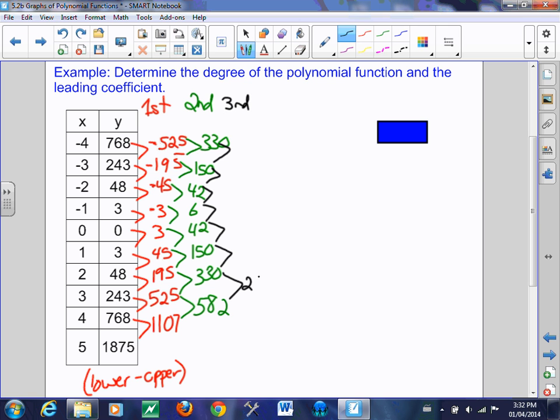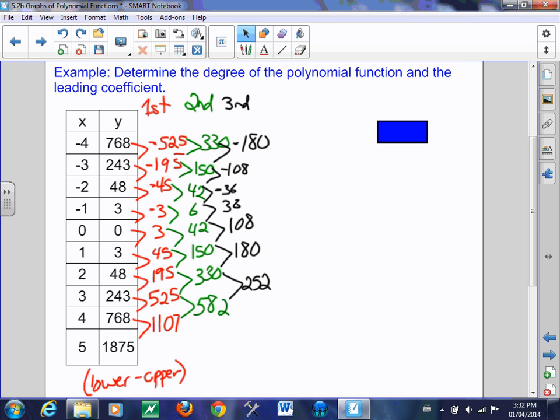So we got 252, 180, 108, 36, negative 36, negative 108, and negative 180. So the third differences aren't the same, which means that it's not cubic. Okay, so we're going to go to the fourth differences.